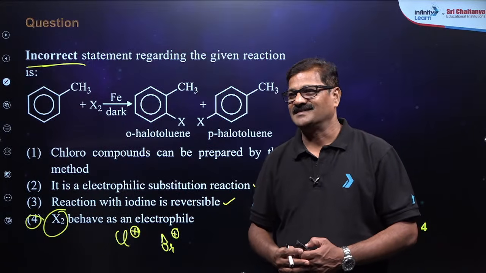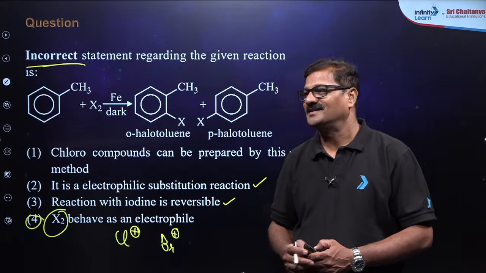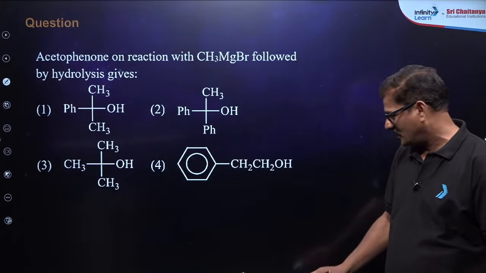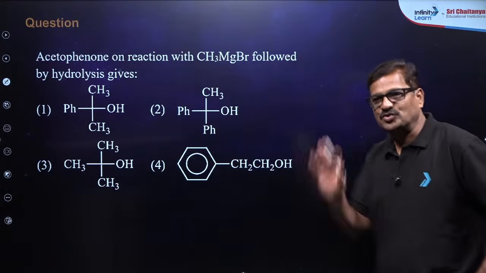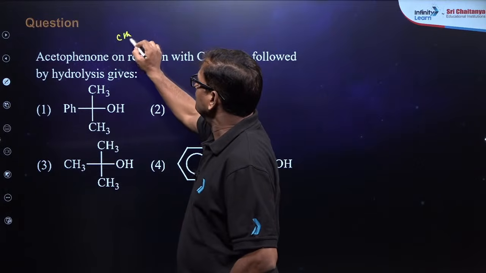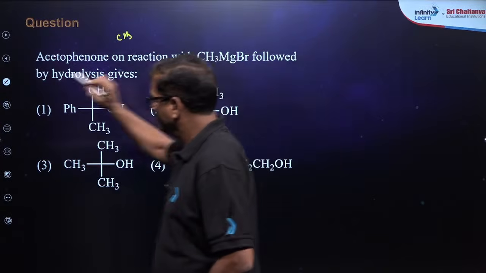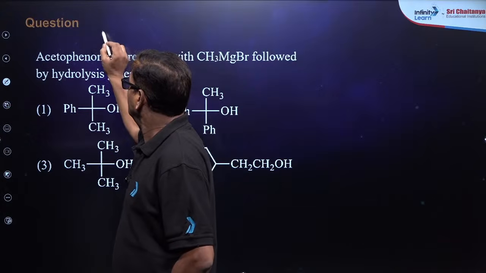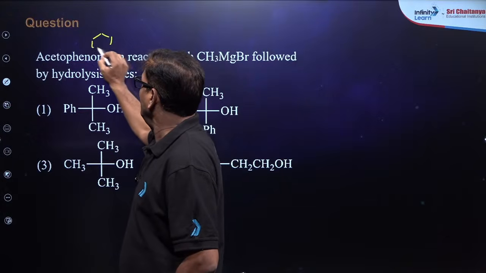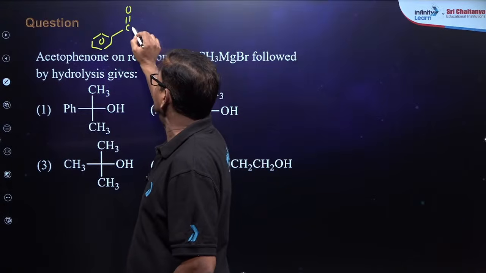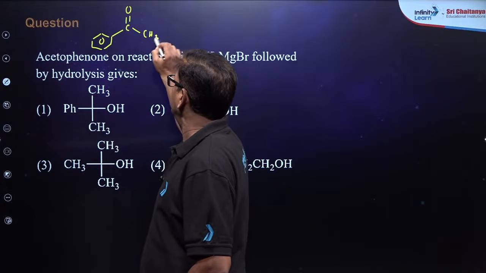Fine, that's good. And here, acetophenone on reaction with. Actually, what is acetophenone? Benzene with C double bond O CH3. So this is acetophenone. This is a ketone.